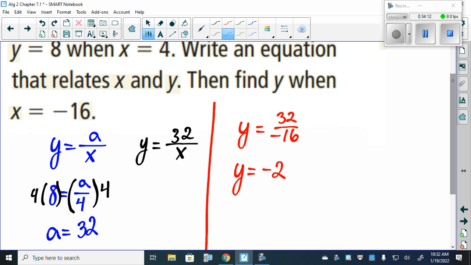Again, this can sometimes get tricky, especially jumping from different sides of 0, when x is greater than 0 to less than 0 for inverse and direct variation, because at 0 for inverse variation, we wouldn't actually have a number, because we can't divide by 0. And did you all finish writing this down?